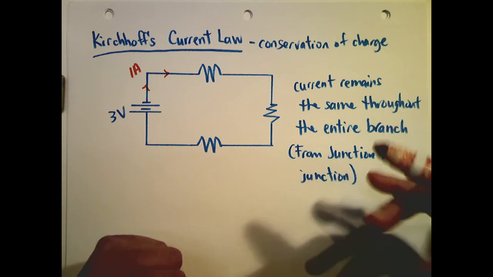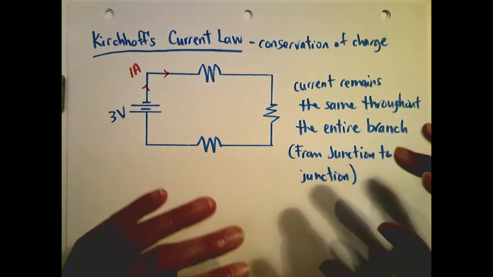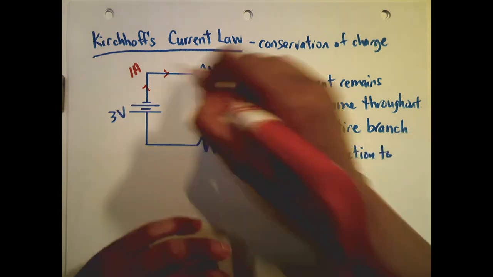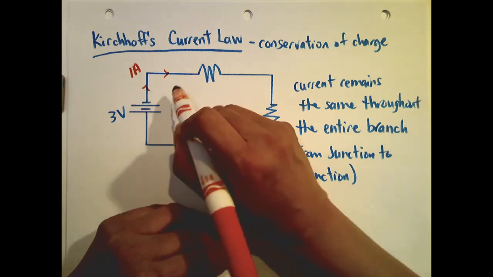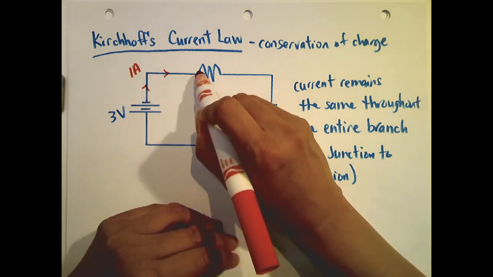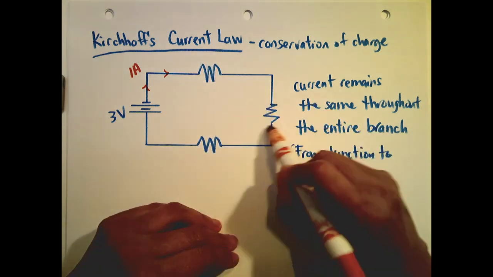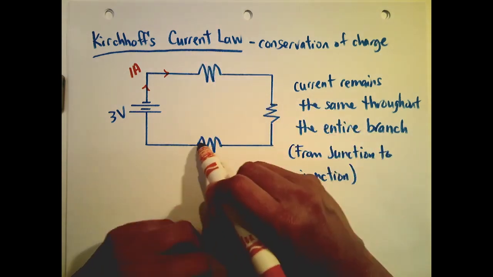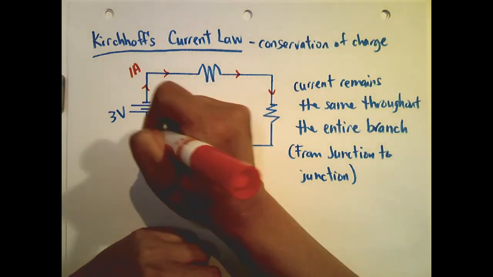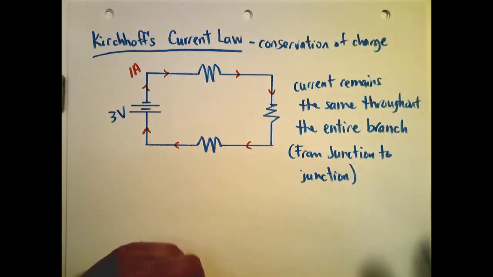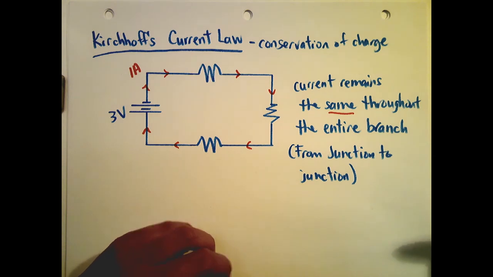In real life, they're on a scale of milliamps, but instead of having all these strange decimal places, we're just going to deal with nice round numbers. And so in this case, the flow is 1 amp, and it's going to go through this resistor and this resistor and this one as well, and back to the battery. So the flow does not change, and it remains the same throughout the entire branch, okay?